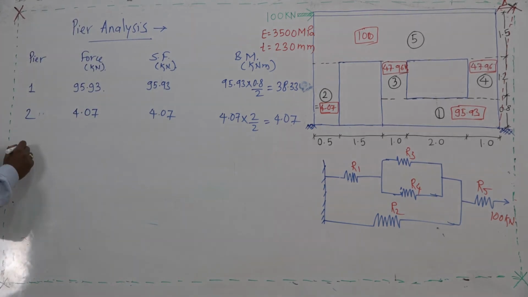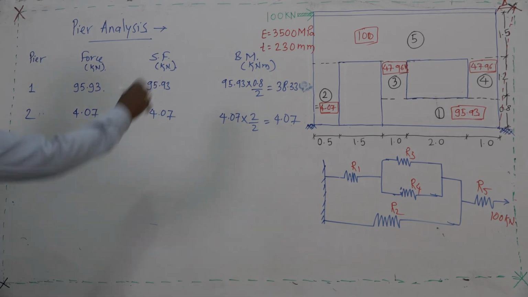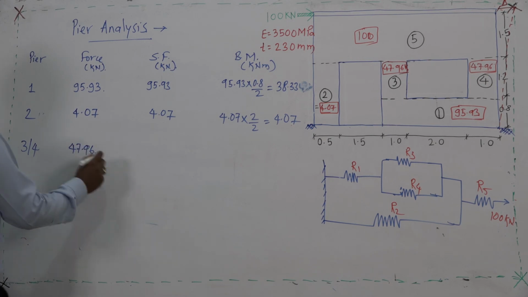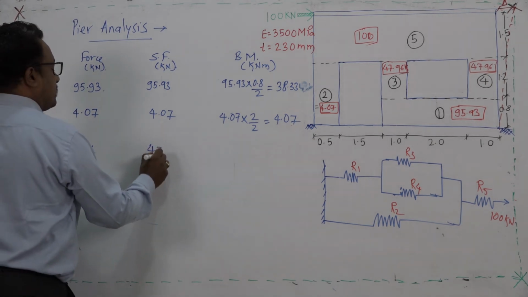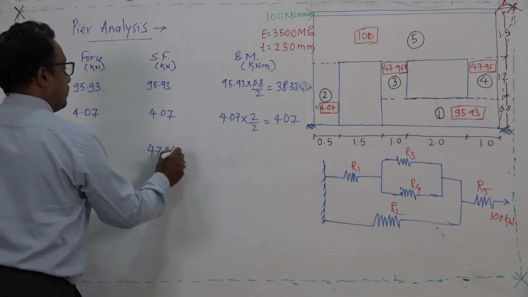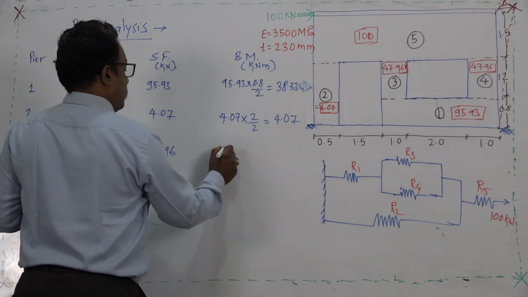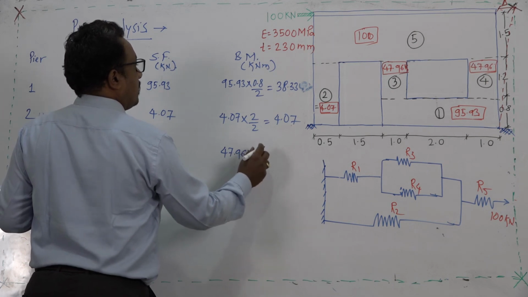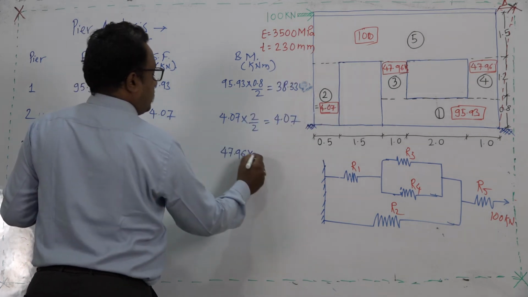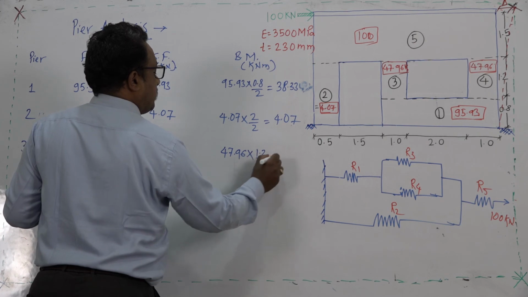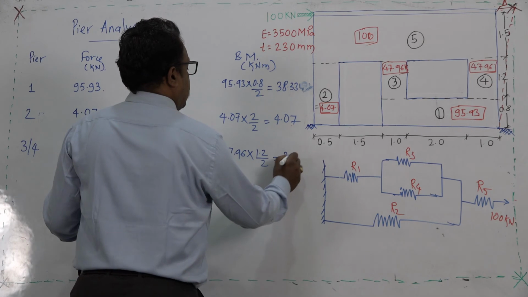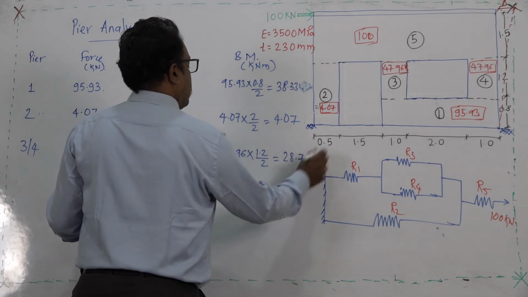For 3 and 4, the value of force is 47.96 kilonewton, the same will be the shear force, and the equivalent bending moment will be 47.96 multiplied by the height 1.2 divided by 2, 28.77.